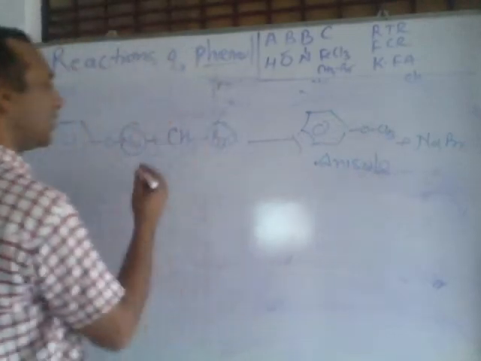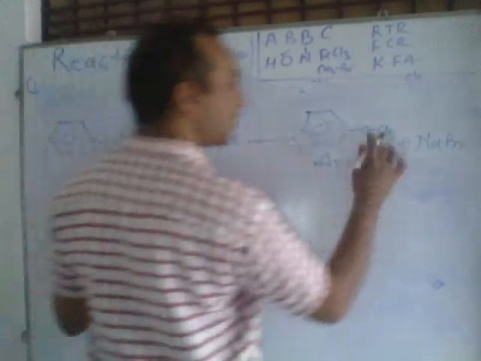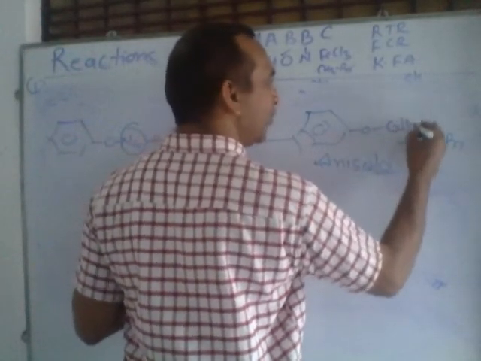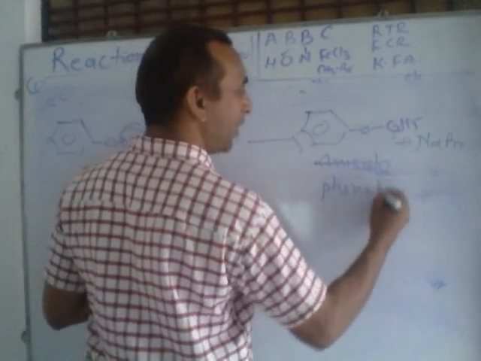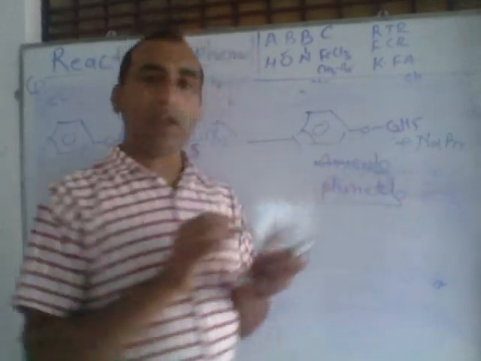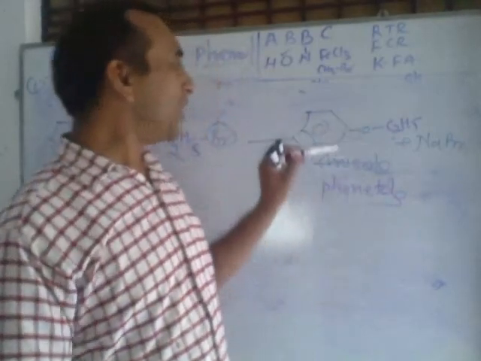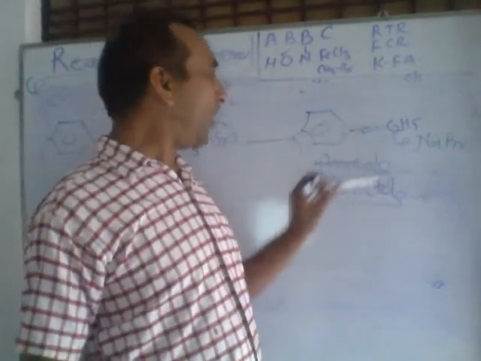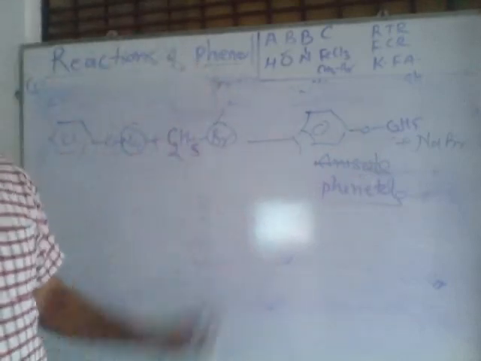If in this reaction you are using C2H5, after the reaction C2H5 is joined instead of CH3, and the compound is called phenetole. So if CH3, this is called anisole; if there is C2H5, this is called phenetole.